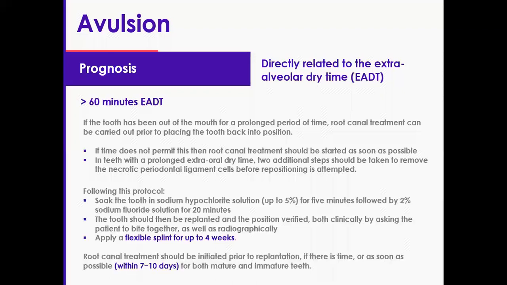And there are a couple of things you need to do. First, soak the tooth in bleach, strong bleach, up to 5%, for 5 minutes. Then remove it and put it in a 2% sodium fluoride for 20 minutes.